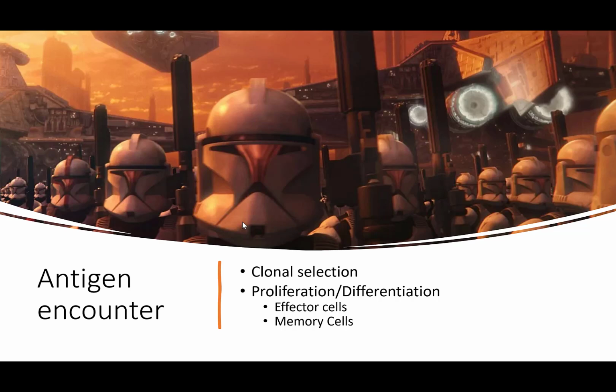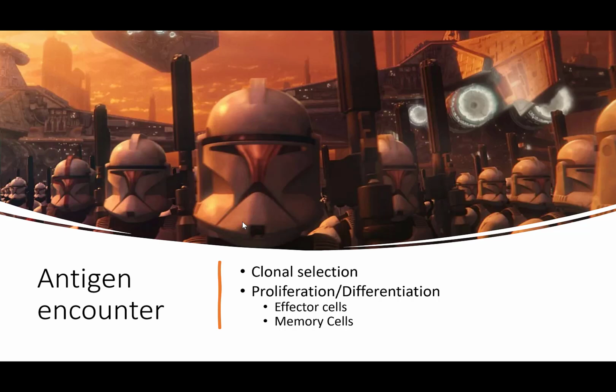One B cell is going to be looking for a certain shaped antigen. A different B cell looks for a different shaped antigen. So every antigen will only be able to come into contact with certain B cells or T cells for it to be recognized.